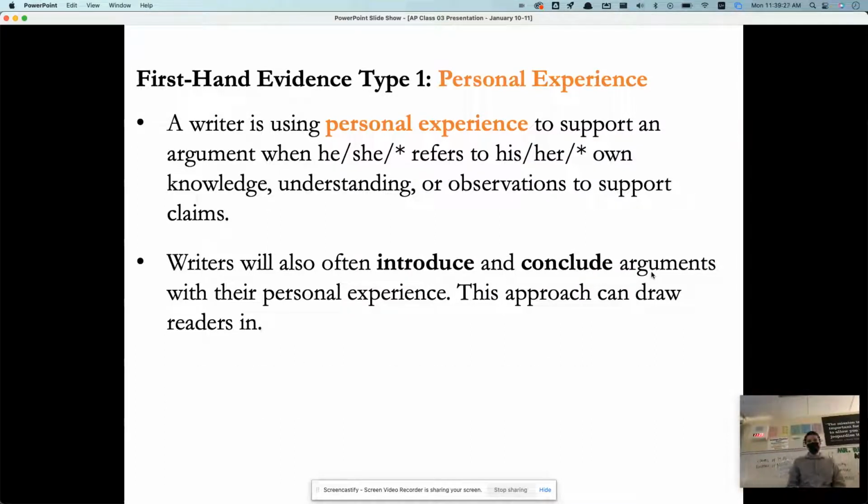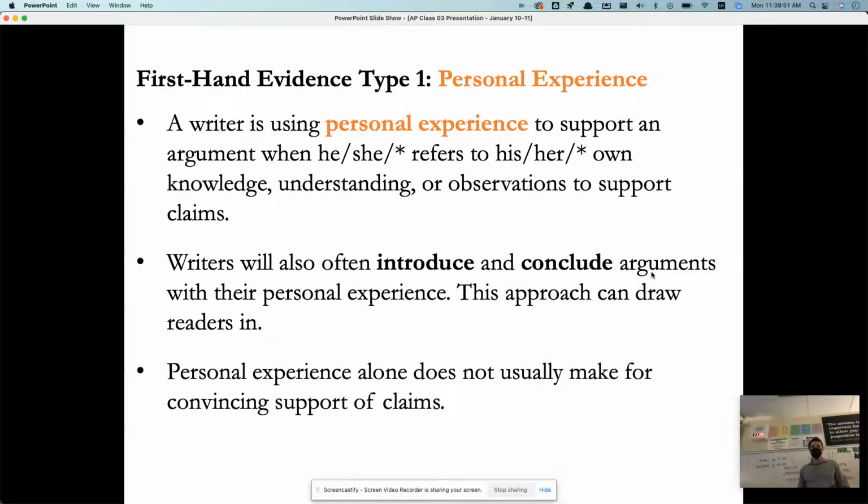You will notice that very often writers will introduce and conclude arguments with their personal experiences. Personal experience evidence is not robust enough in most cases to support academic claims by itself, right?